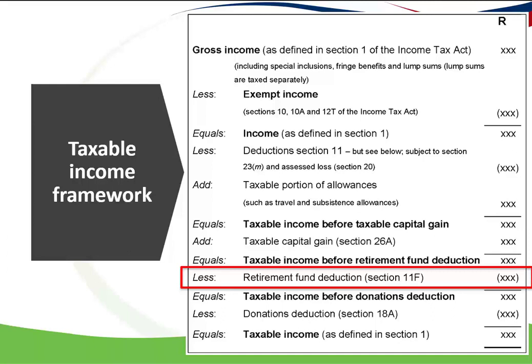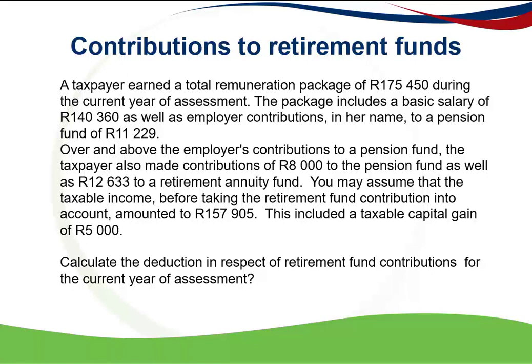You would have added the taxable portion of the subsistence allowance and the travel allowance, and you would have added the taxable capital gain at 40% inclusion rate. And so now you get to taxable income before retirement fund deduction, and what we're going to deal with now in the example is the deduction that's allowed for income tax purposes of the contribution that the taxpayer has made to a retirement fund.